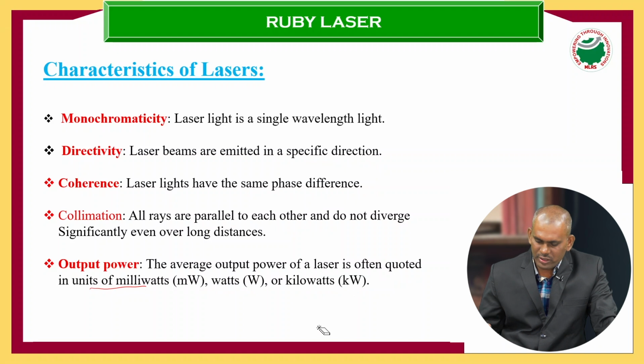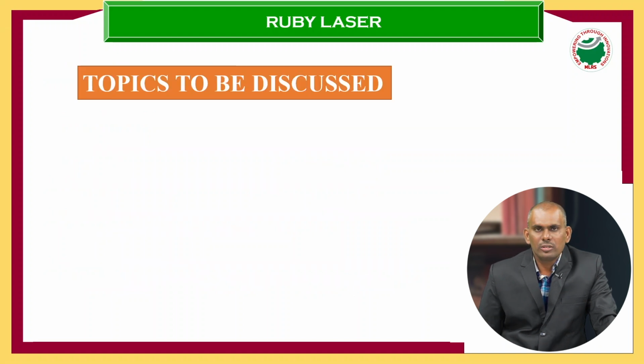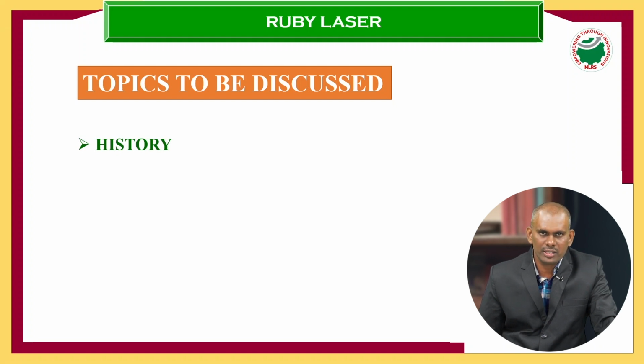Now, after the characteristics of laser, let us come to our topic, the Ruby laser. Under Ruby laser, first we are going to discuss the history: when it was discovered and who discovered the Ruby laser. Next, construction: how we can construct the Ruby laser.